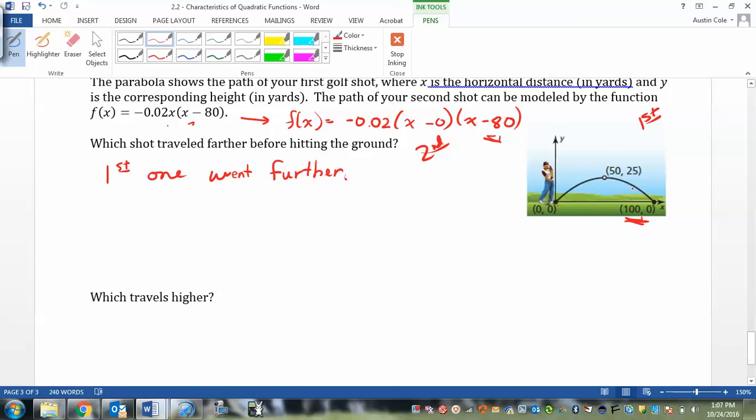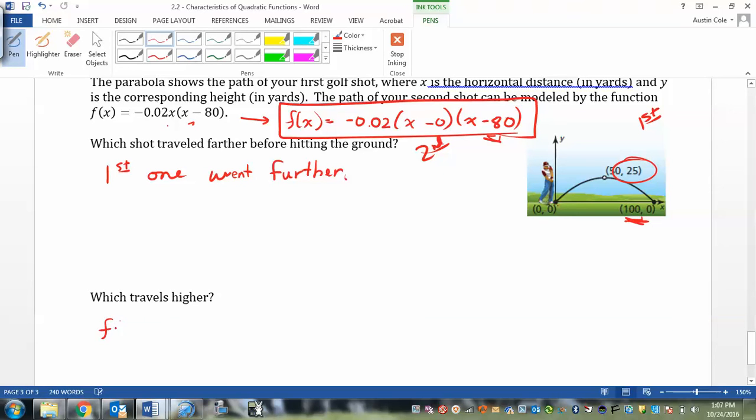So I'll do this one first. Well, I already know how high this one went. How high? 25 yards. So now I'm dealing with this guy right here. How do I figure out the vertex? P plus Q divided by 2. What's 0 plus 80? 80. 80 divided by 2 is 40.